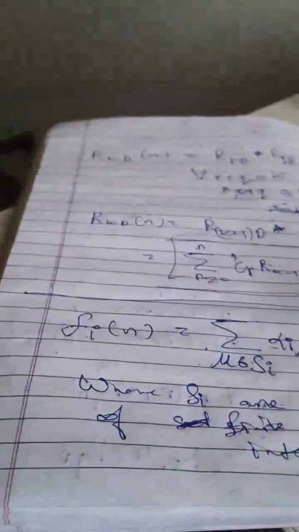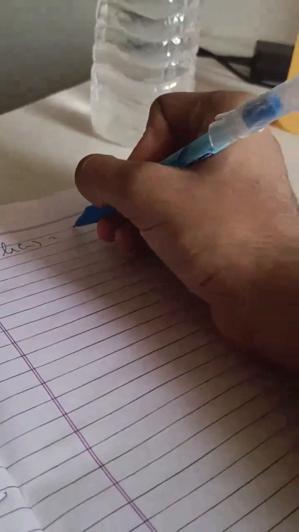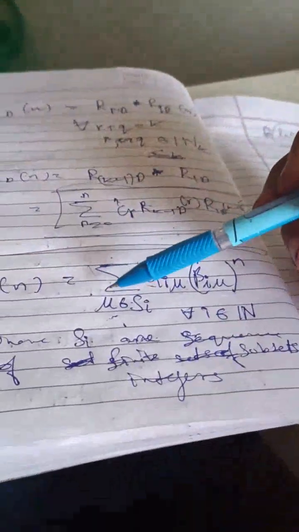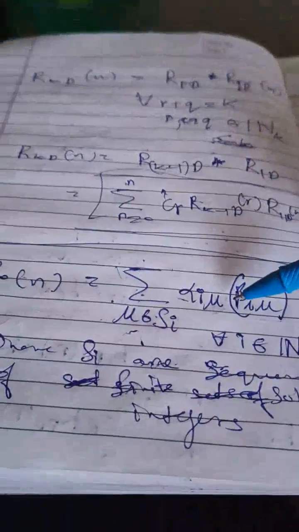So if I say h of n is equal to alpha 1 beta 1 power n plus alpha 2 beta 2 power n, then this fits the category of fi, that this h of n can be a sequence under fi of n. This is a valid example of fi.